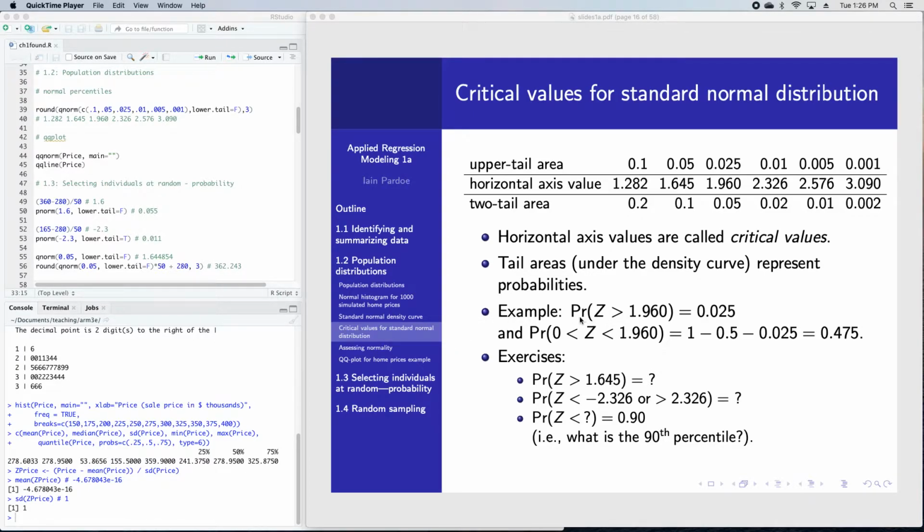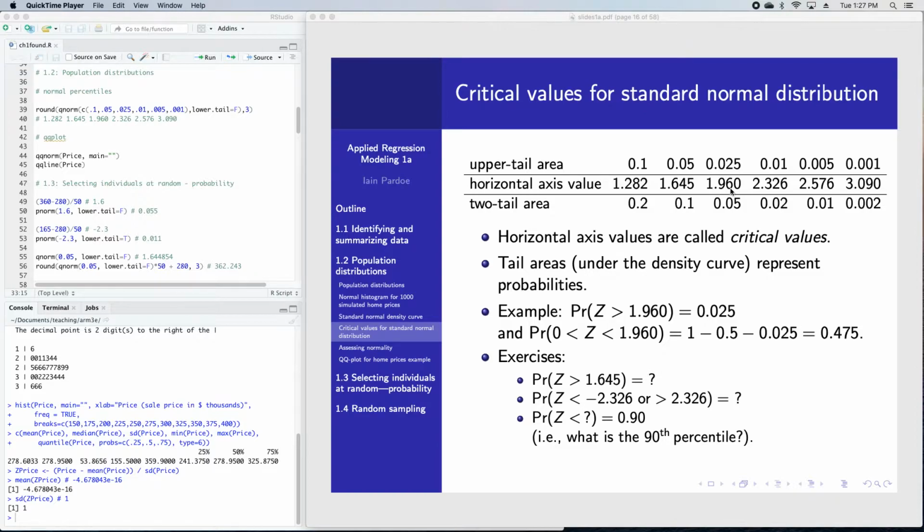So let's look at these examples. I'm using the letter Z here to represent a standard normal random variable. The probability that Z is bigger than 1.96 is equal to 0.025. That's this column in the table, looking at the upper tail area.